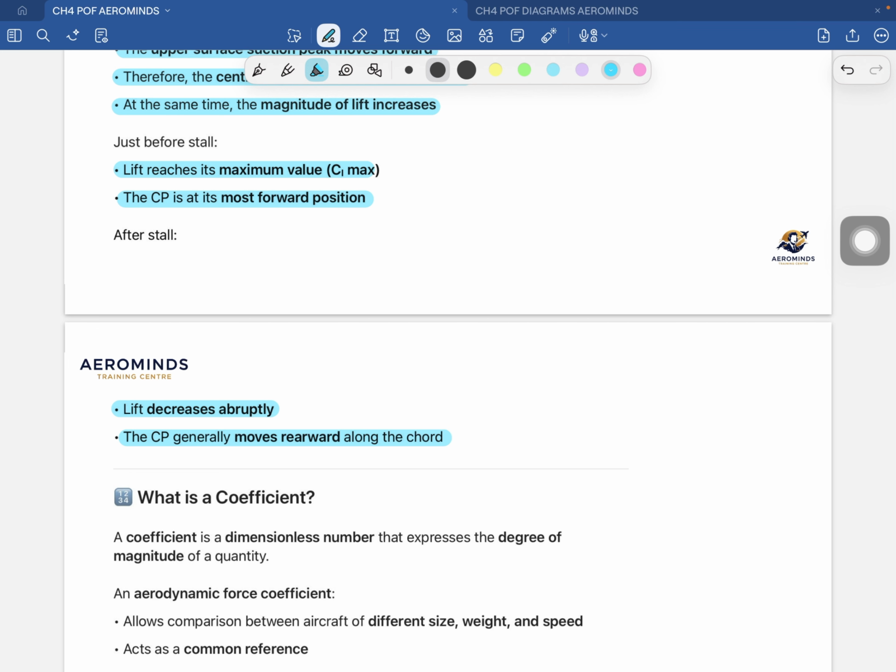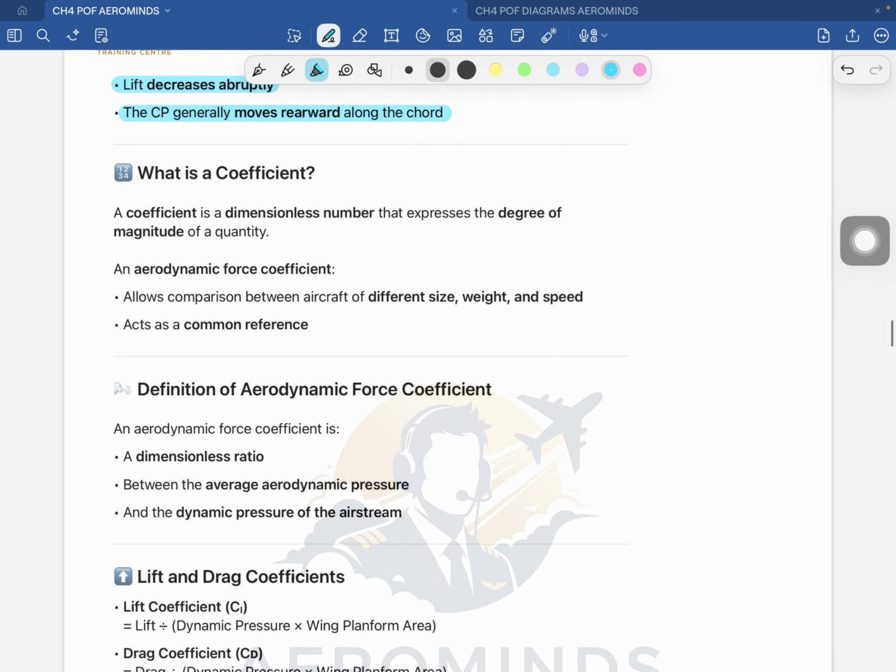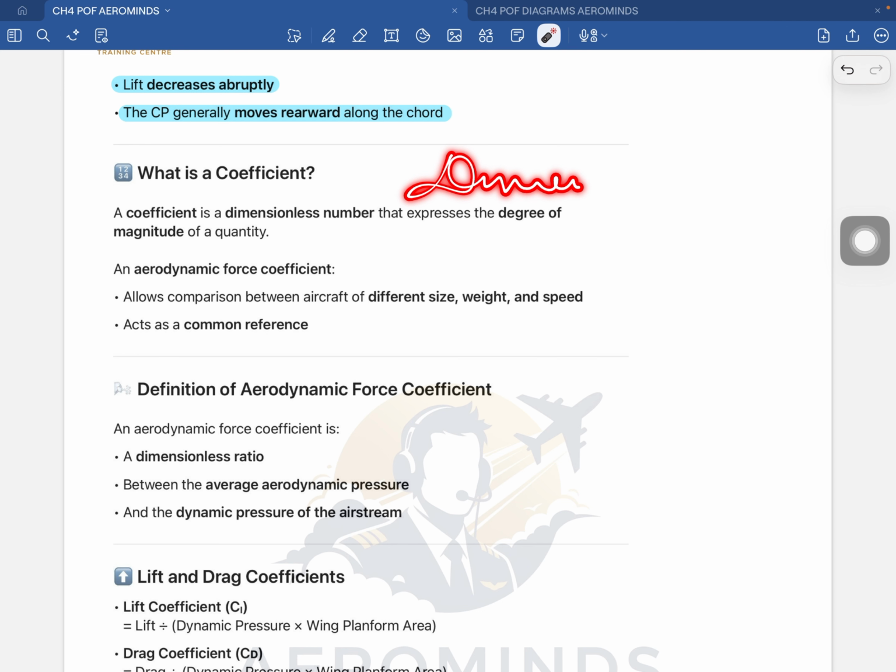Now we'll move to a new concept, which is what a coefficient is. A coefficient is actually a dimensionless number, and that basically expresses the degree of the magnitude of a quantity. Dimensionless means no units, okay, no meters, no seconds, no kilograms, just a pure number. And in aerodynamics we use force coefficients to make life easier, you can say.